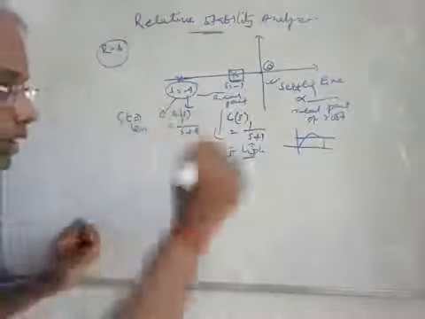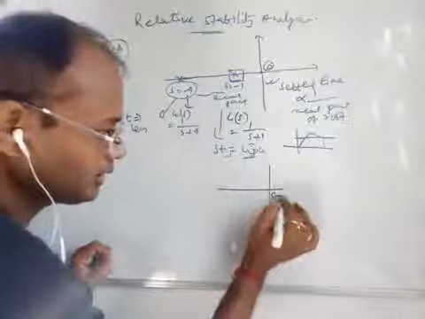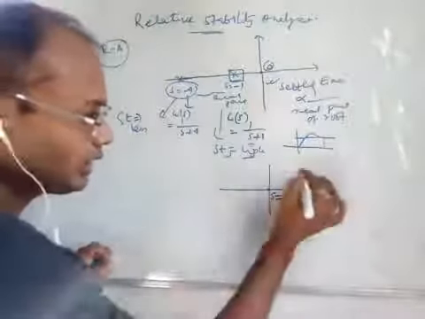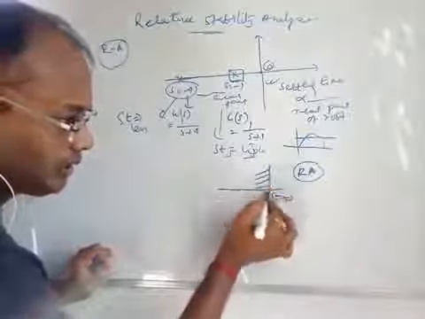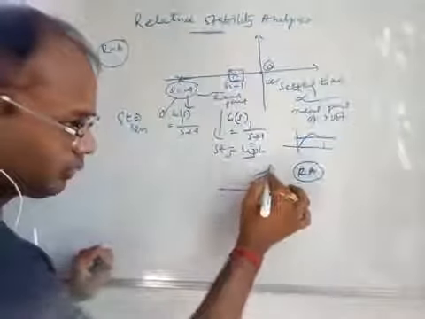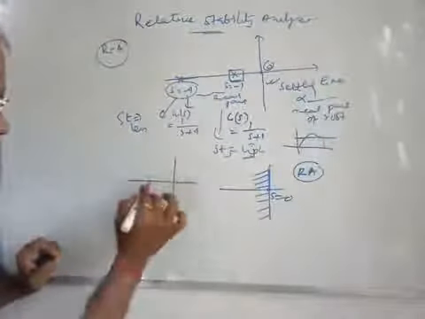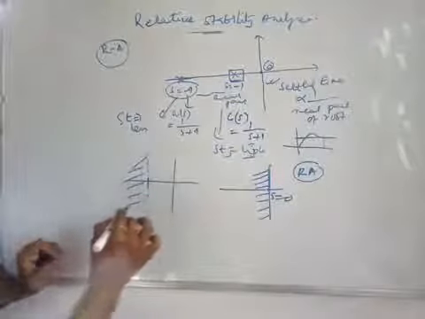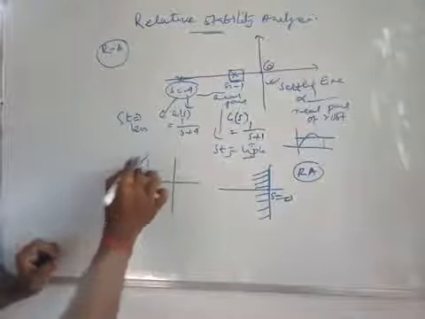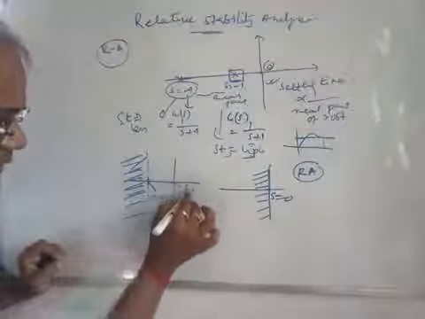For example, we say a system has all the poles on the left of s equal to 0. So the Routh array actually says all the poles are on the left hand side of the S plane, that is, from the imaginary axis. In certain cases we may say that all the poles can be located to the left hand side of s equal to -1 instead of s equal to 0.